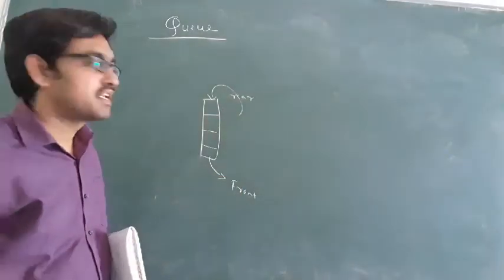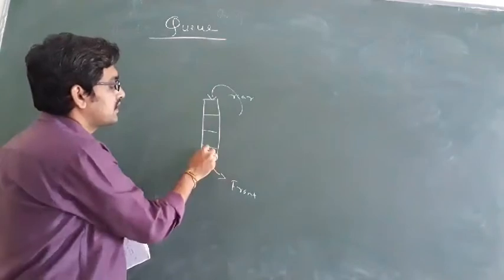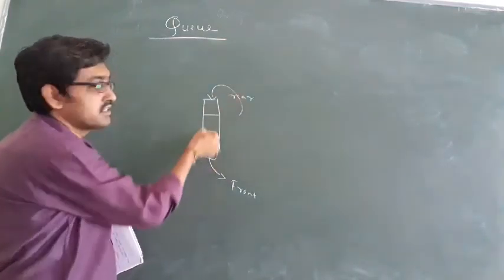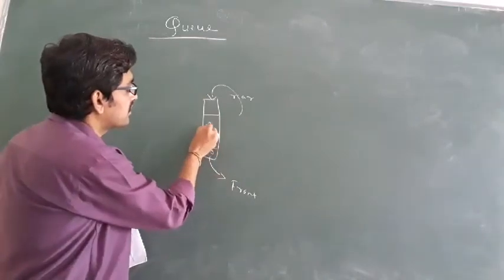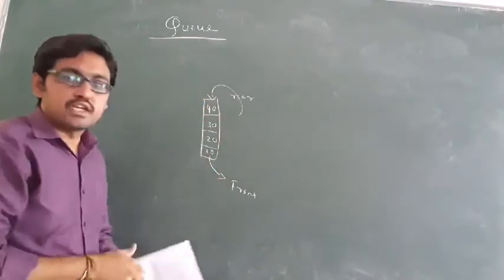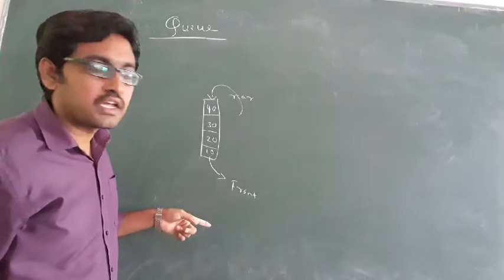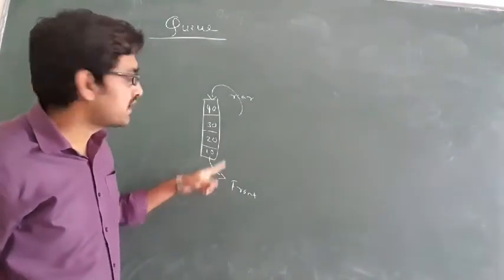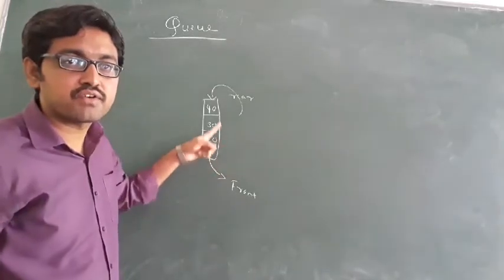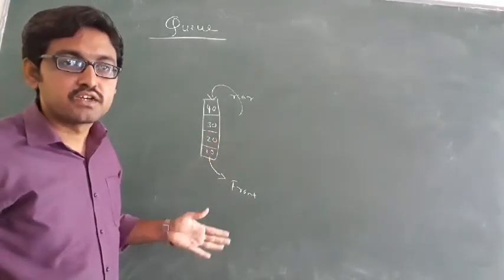For example, I am inserting 10 from the rear end, then 20, 30, then 40. If you want to delete an element, you delete it from the front end. First 10 will be deleted, after that 20, after that 30, after that 40. This is called a queue.